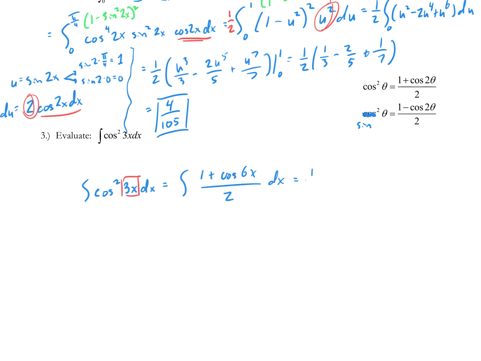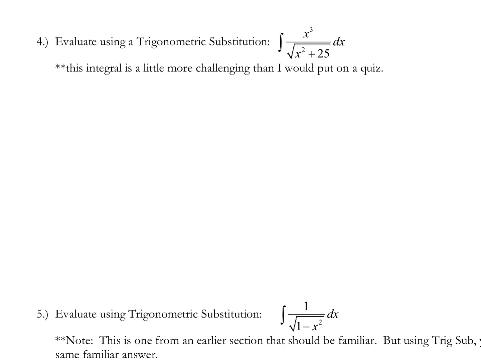And now the first thing I'll do is ignore the 1/2. It tags along. So the 2 in the denominator comes out of the integral. And then we take our antiderivative of each of these two terms. The antiderivative of 1 is x. The antiderivative of the cosine of 6x is 1/6 the sine of 6x. And then tack on my plus c. You can leave the 1/2 out in front. You could write it in the denominator of the two terms. Either is correct. And so that is the answer to number 3.